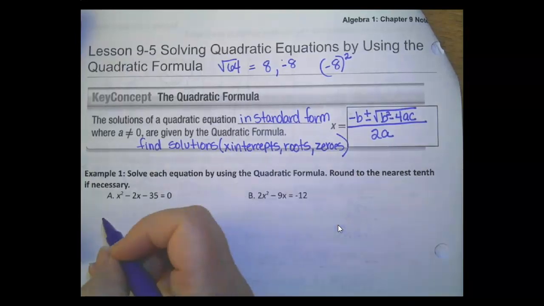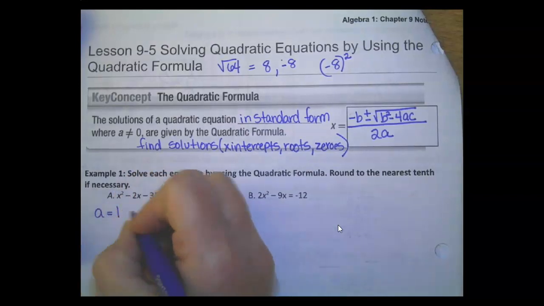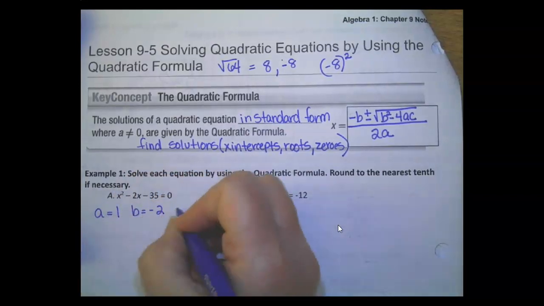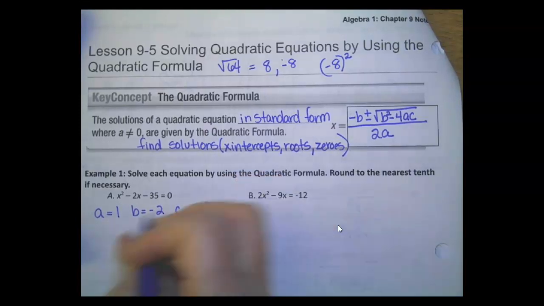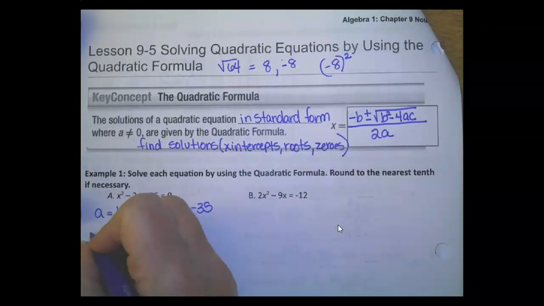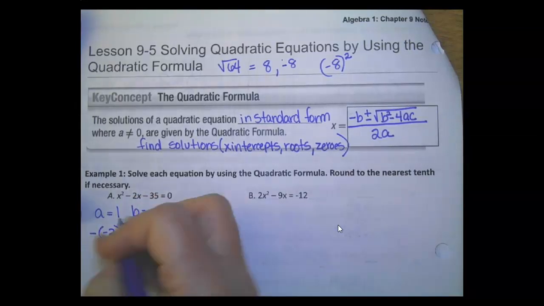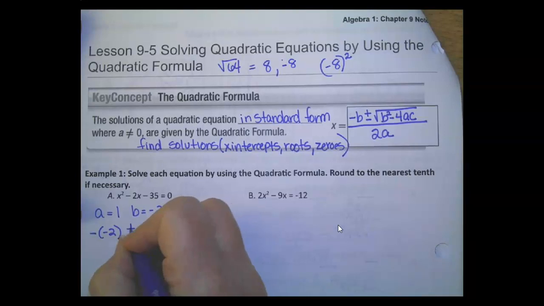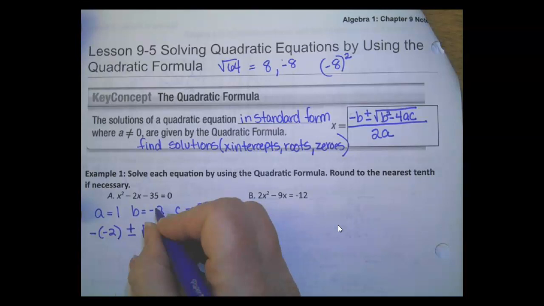And it's always good to write all these down. My a is 1, my b was negative 2, and my c is negative 35. Okay, this says negative b, or the opposite of b. So you can either put a negative negative 2, or a positive 2. And then it says plus or minus the square root of my b, which is negative 2.